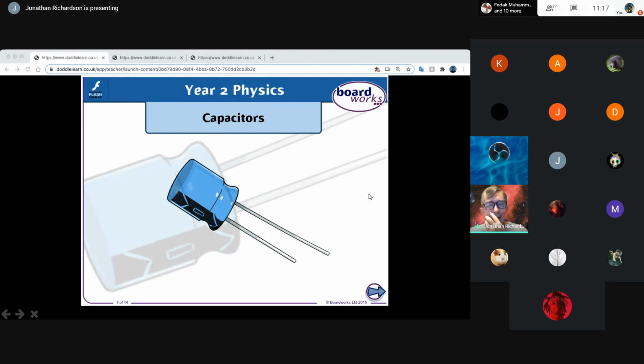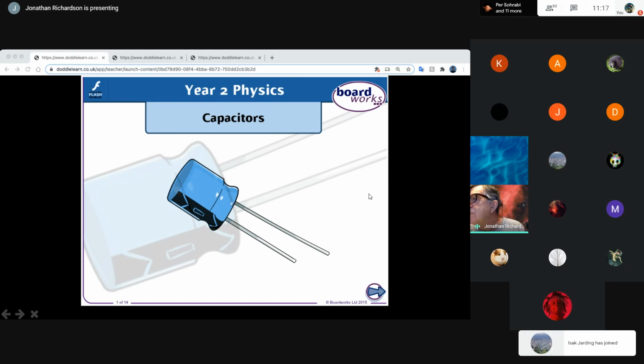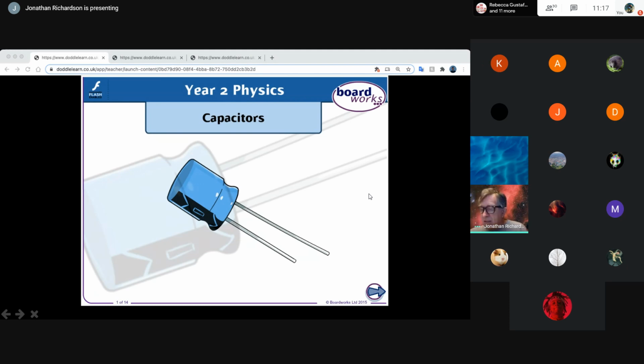So good morning. I hope that today we're going to get the chance to do some lab work. As you can see from the presentation, we are actually going to be looking at capacitors, and that is the next part of our section before we make a start after the Christmas break on waves and wave activities.